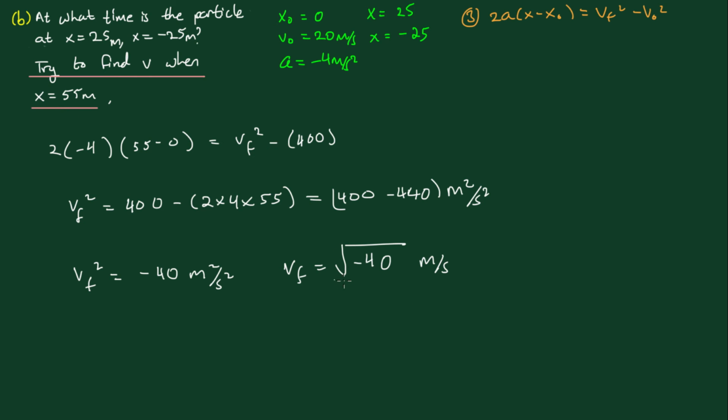However, because this is a non-real number, the square root of a negative number being a complex number, this tells us that the particle never reaches x equals 55 meters.